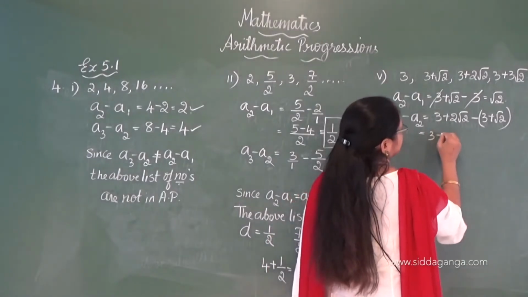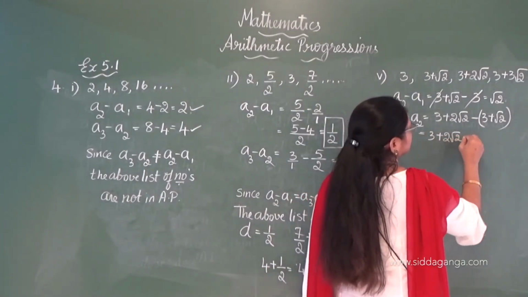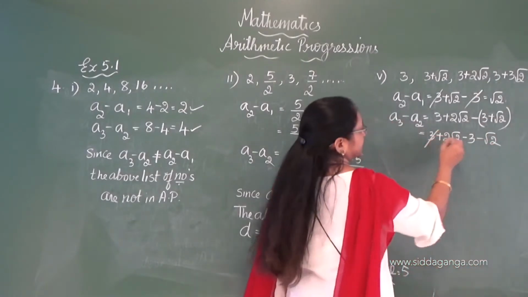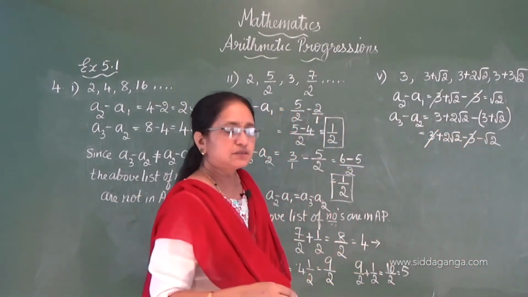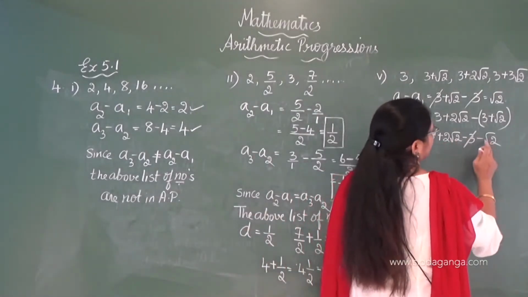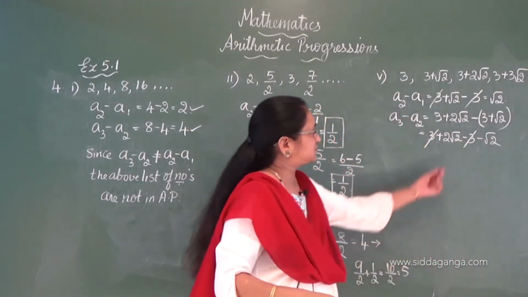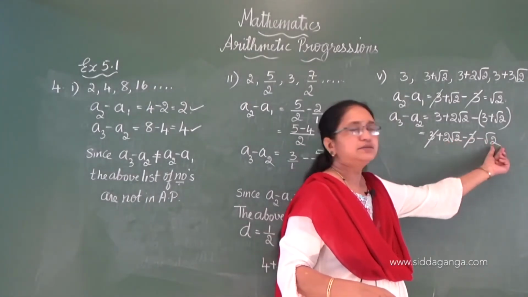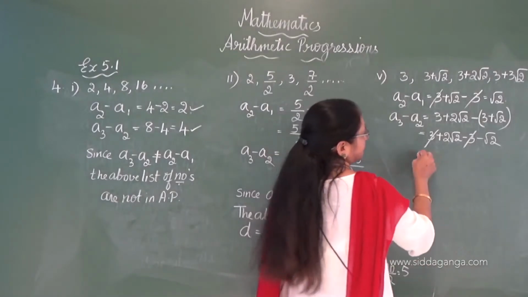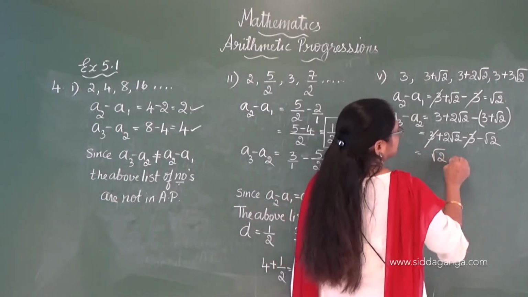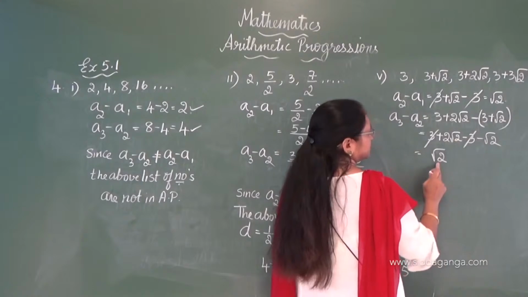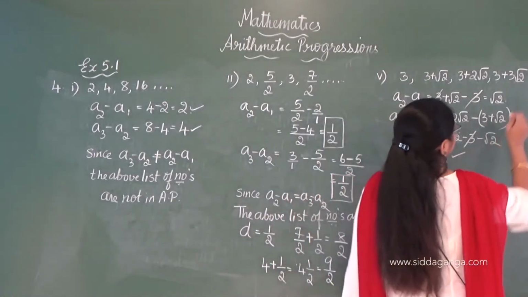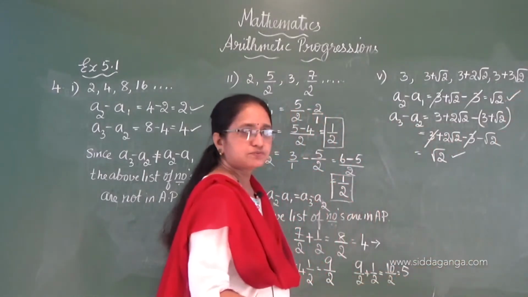That is 3 plus 2 root 2 minus 3 minus root 2. Again here also 3 gets cancelled. 2 root 2 and here 1 root 2. Since they are like terms, 2 root 2 and root 2, so 2 minus 1 and root 2. You have studied this in the lower class. Now here also we got root 2, here also we got root 2.